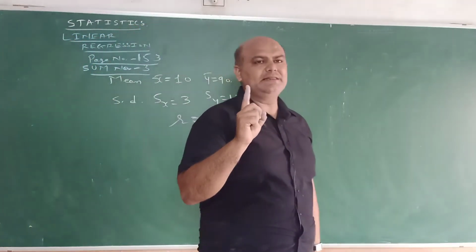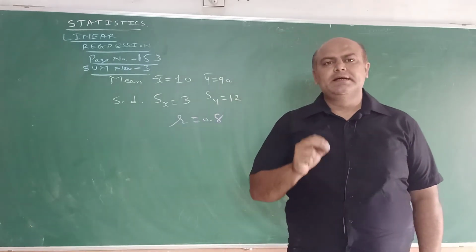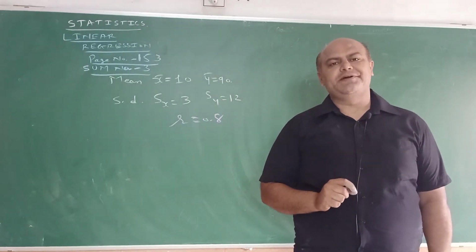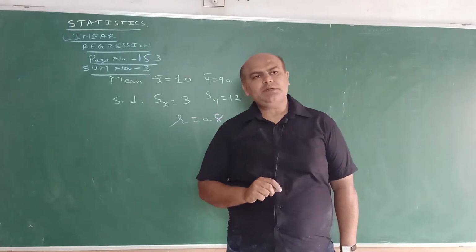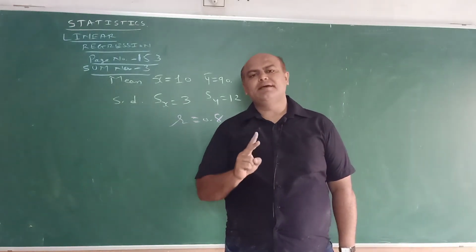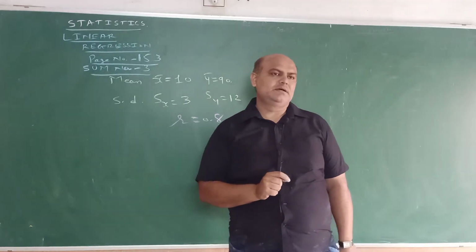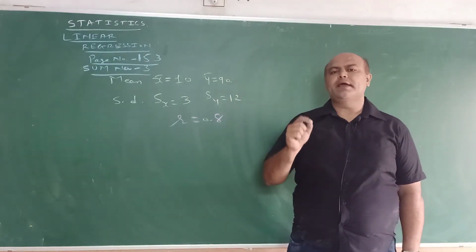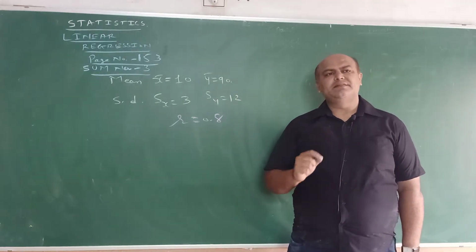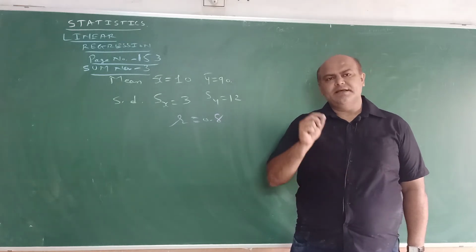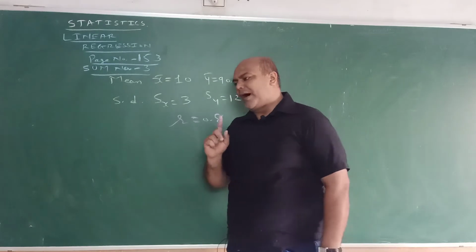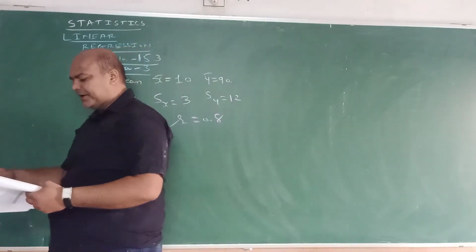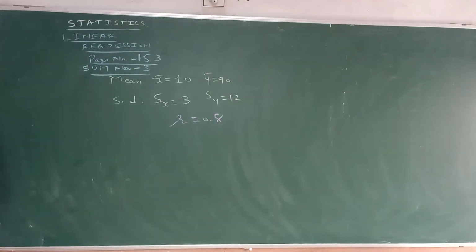For the regression line, the first step is the regression coefficient, that is small b. The second step is the constant, that is small a. And the third and last step is the regression line, that is y cap. I repeat this. In this particular question, we have to find the regression line.